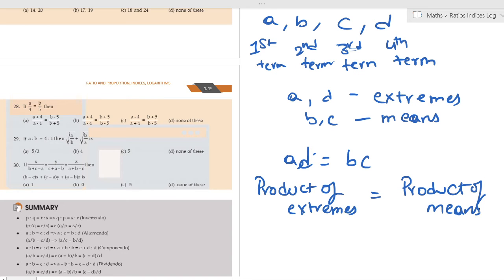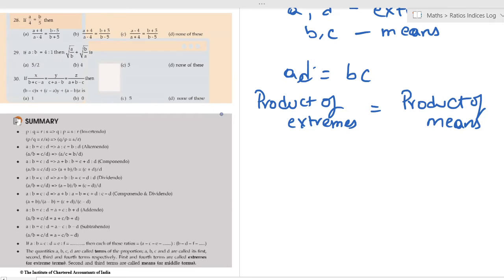There is something else called continuous proportion.